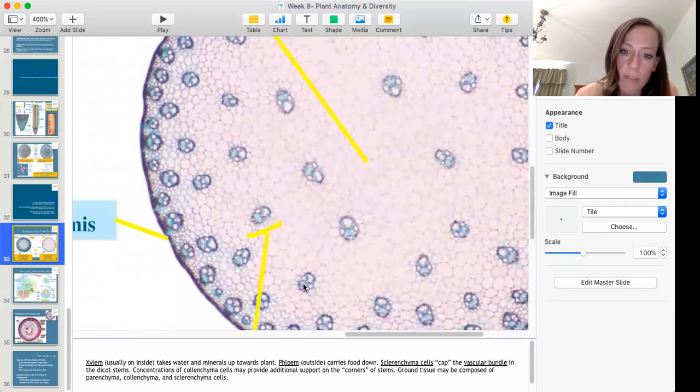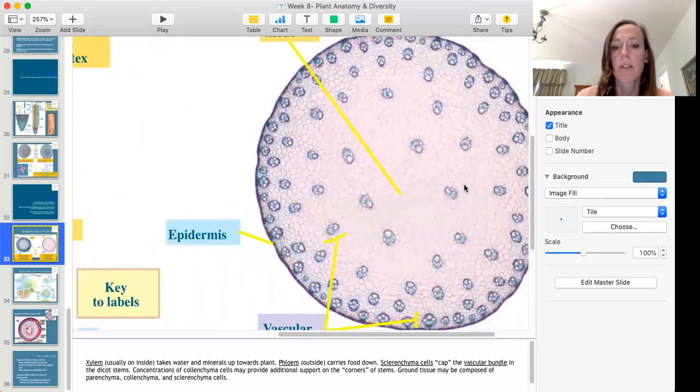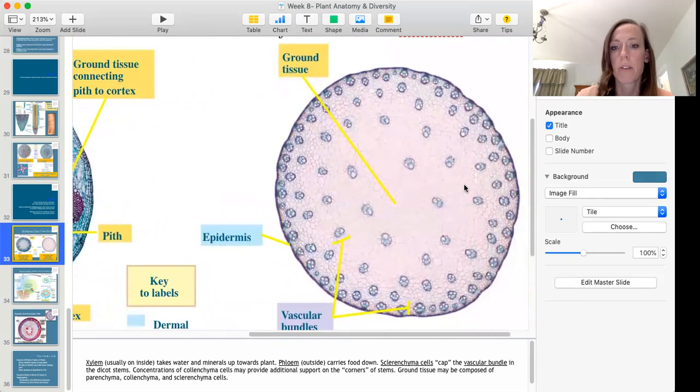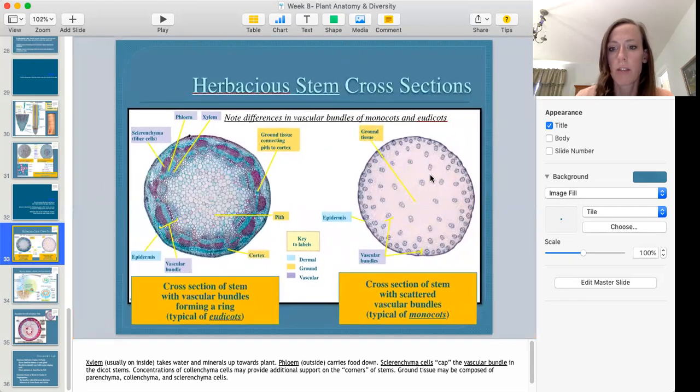These are the xylem. The phloem is usually located just outside, more towards the outside of the stem than the xylem. So again, you probably have xylem here, phloem here. But they're scattered throughout the stem and surrounded by parenchyma cells. So all this ground tissue here, that's all going to be parenchyma cells. And then on the outside, you have your epidermal cells.